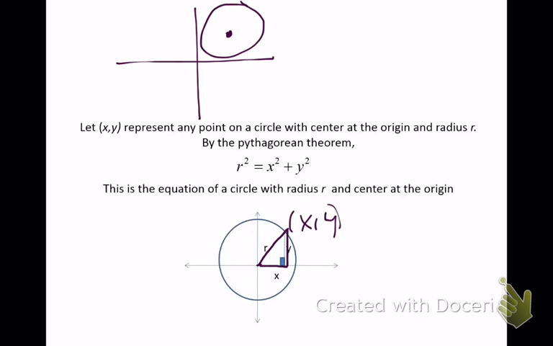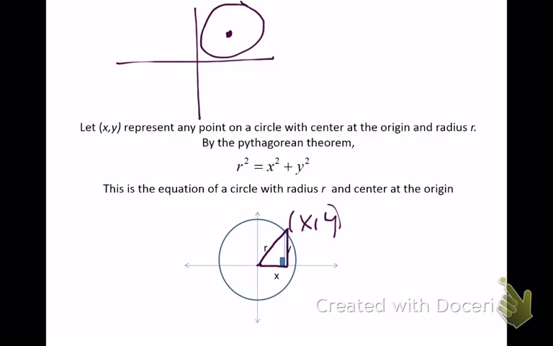If two circles have different centers, then they're not the same circle. If they have two different radii, then they're not the same circle. So what we need to differentiate one circle from another in the coordinate plane is the center and the radius. And if we have those two pieces, then we can write the equation of a circle. And I'm going to show you how.